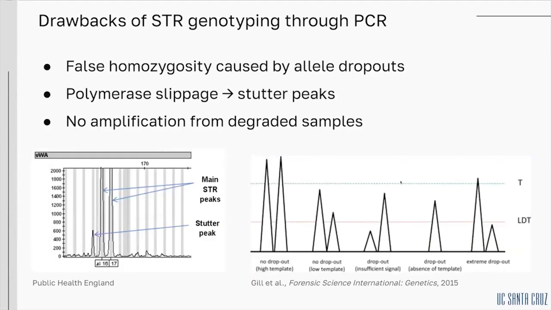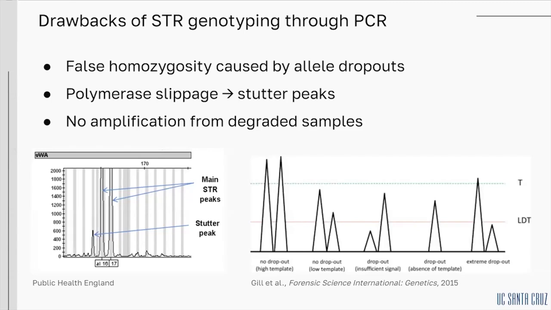A widely used method for generating an STR profile is through PCR, or polymerase chain reaction, that can produce millions of copies of DNA spanning the regions of interest. However, this approach has many disadvantages. One of them is allele dropout due to the stochastic effect of PCR amplification, leading to false homozygosity diagnosis.